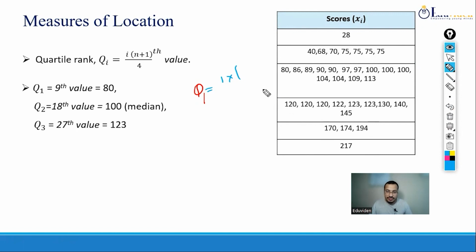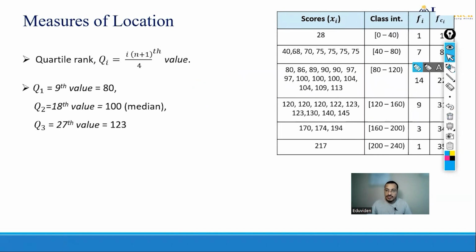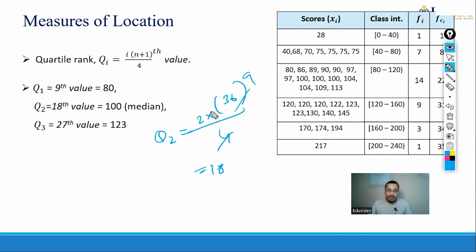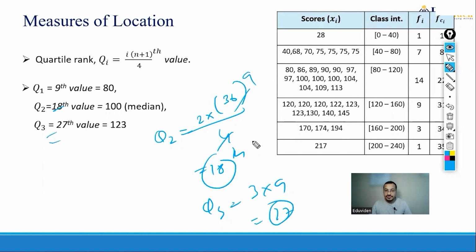So n plus 1 is 36, and 36 divided by 4 is 9. Q1 will be the 9th value, Q2 will be 2 into 9, which is 18, and Q3 will be 3 into 9, 27. So the 18th value is my median, the 50 percentile, and the 27th value is Q3. This is how we can easily find it.